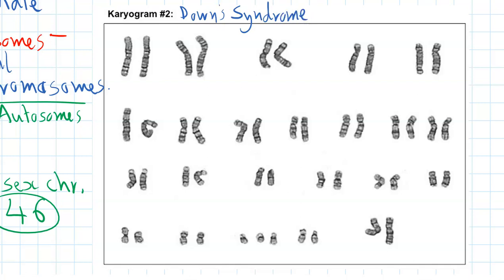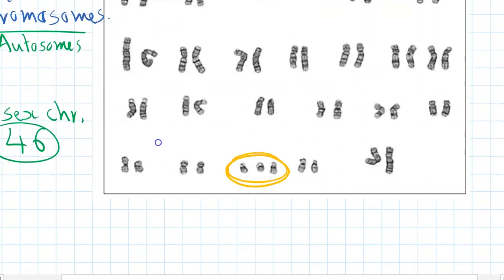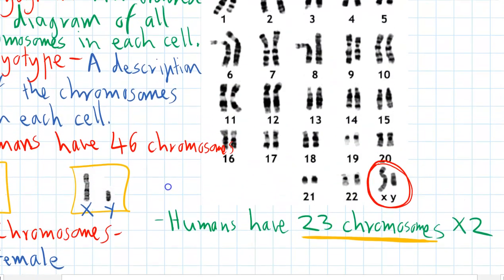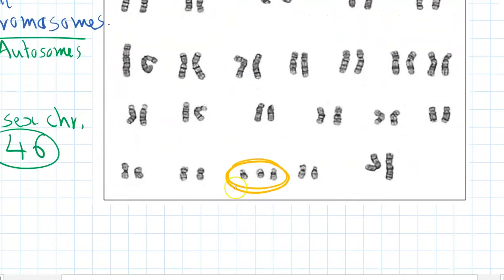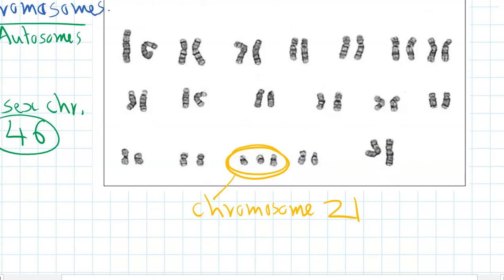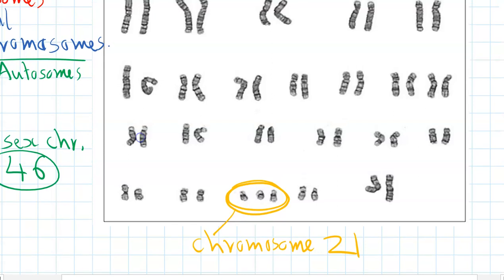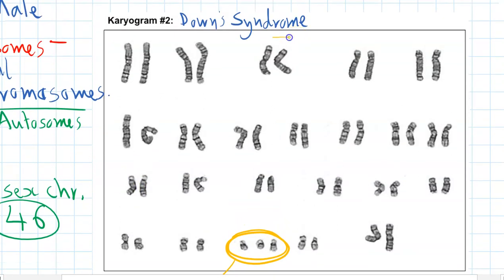If you haven't figured it out, the giveaway is down here. This person actually has 3 copies of this chromosome. Following our chromosome numbers, this is chromosome 21. So this person has 3 copies of chromosome 21, where we should have 2. And that's enough to cause the genetic disorder of Down syndrome.